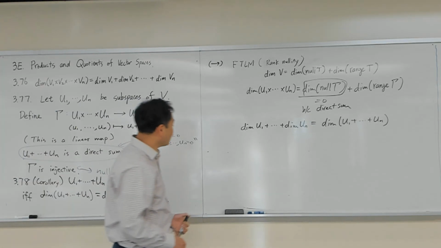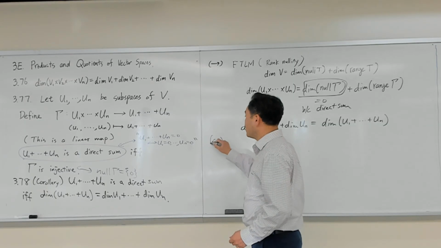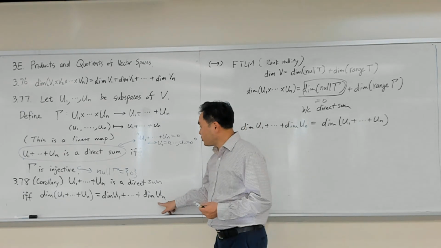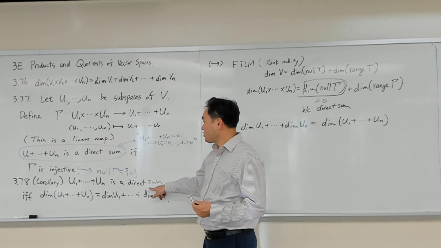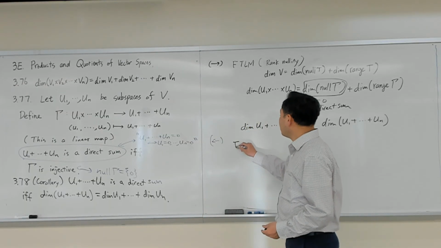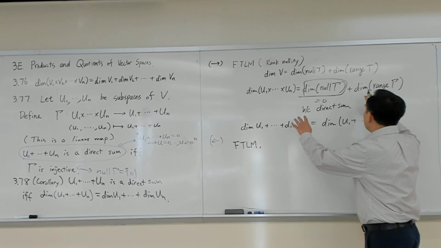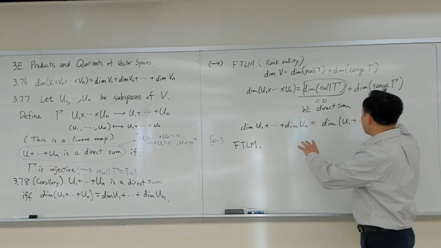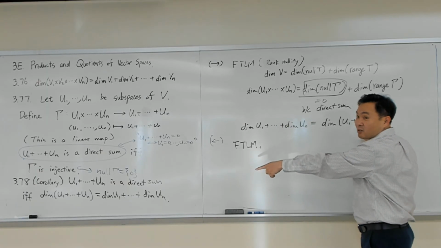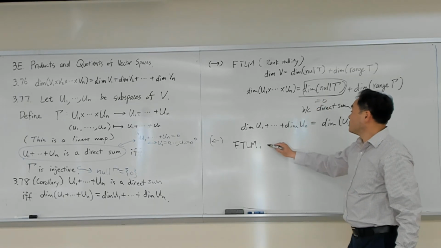I forgot that part. All right, so now this other direction would be: if this is true, then it's a direct sum. Well, in this case, you apply the fundamental theorem of linear maps, but this time, since this is the same as this, and this is the same as that, and they are equal by our assumption, that forces the nullity to be 0.